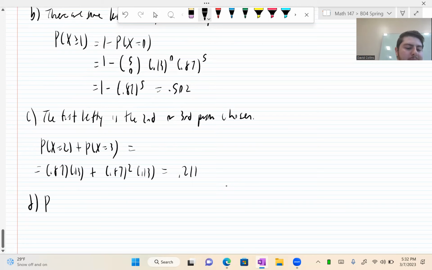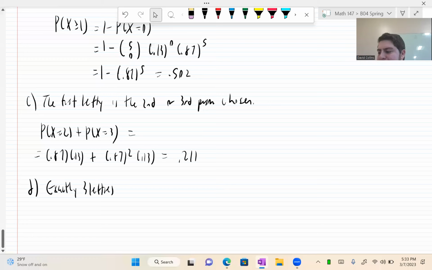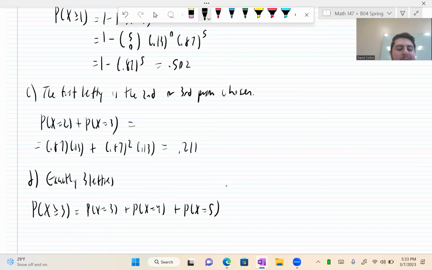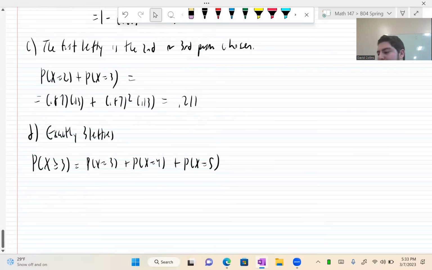D, what is the probability that there are exactly 3 lefties? So it's the probability of at least 3 lefties. In this case, you might just want to do it directly instead of the complement rule. This is the probability that there's 3 lefties plus the probability that there's 4 lefties plus the probability that there's 5 lefties. All these are binomial.